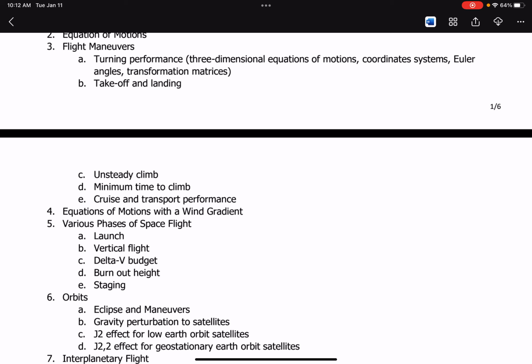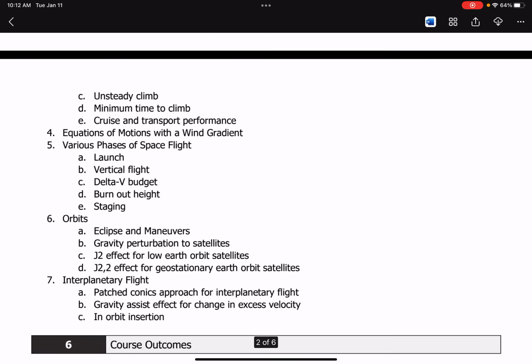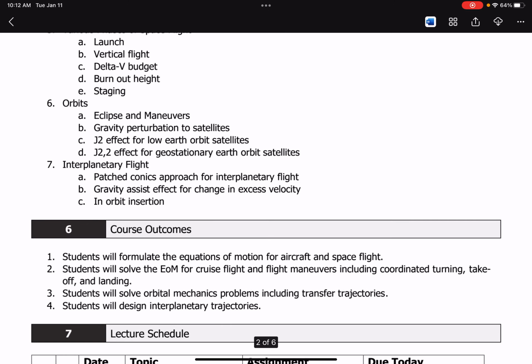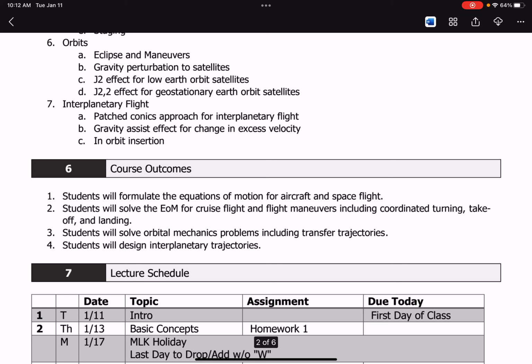So we are going to start with very general equations of motion for 3-dimensional flight, and then we are going to simplify it step by step. And then for the orbital mechanics, we will talk about orbital maneuvers, orbit determination, 2-body problems, the Kepler equations, Kepler laws, and all of those fun things. Any questions so far?